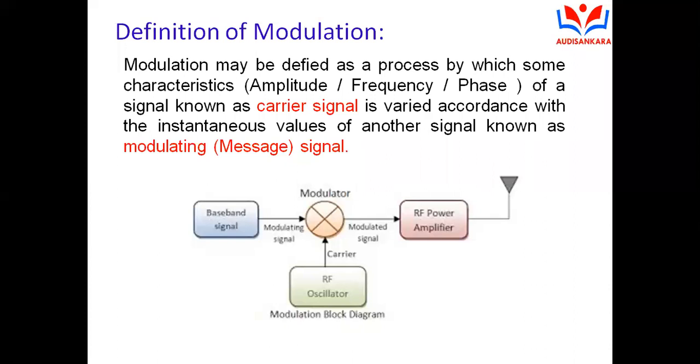Otherwise, the carrier wave is varied in accordance with the instantaneous amplitude of the message signal. For amplitude modulation, the amplitude of the carrier wave is varied in accordance with the instantaneous value of the message signal. For frequency modulation, the frequency of the carrier wave is varied in accordance with the instantaneous amplitude of the message signal, like that.